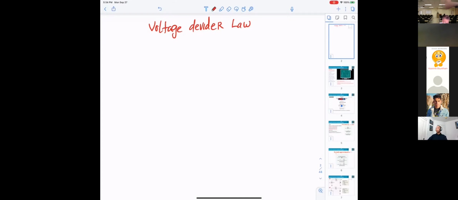It applies only to a series circuit. Okay, now I give you this circuit.